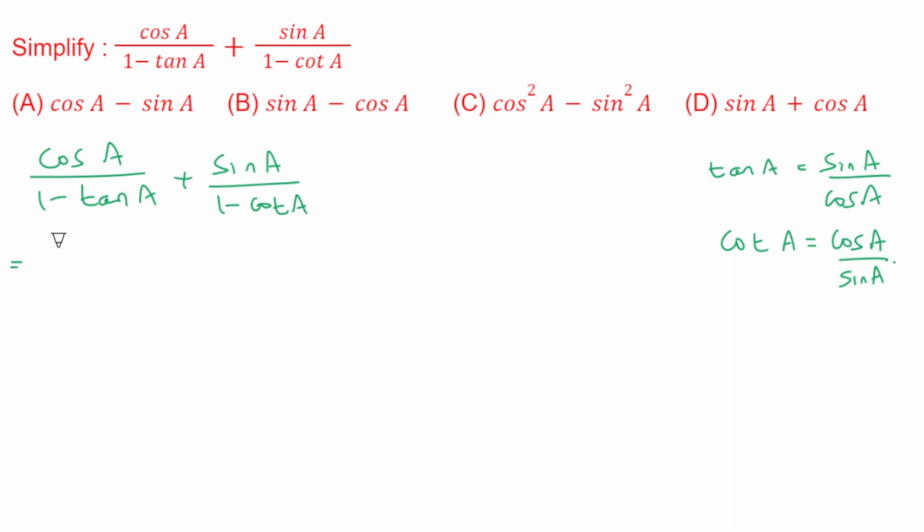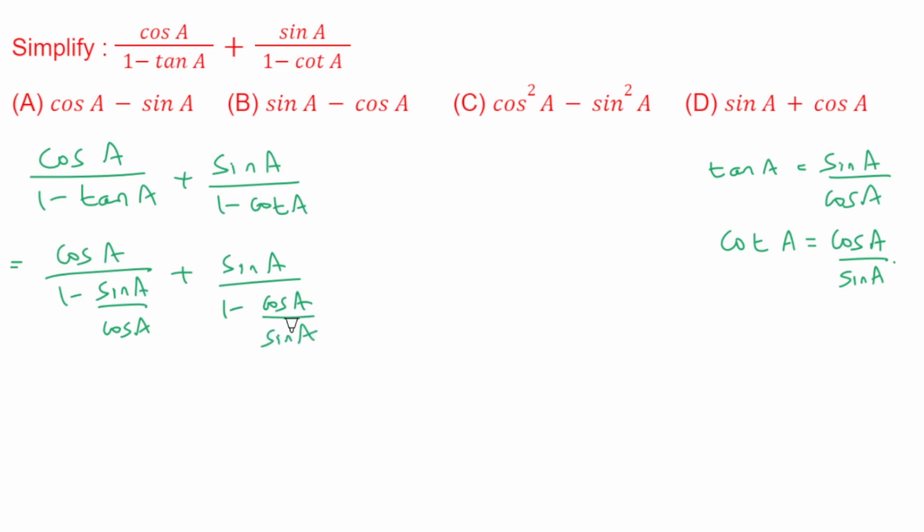So this becomes cos A over 1 minus sin A over cos A, plus sin A over 1 minus cos A over sin A. Here the denominator is 1 minus sin A by cos A, so we need to multiply the 1 by cos A to get the same denominator.